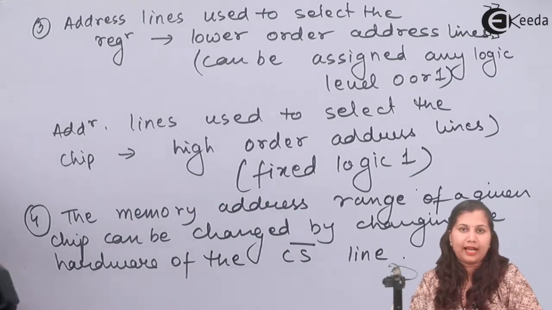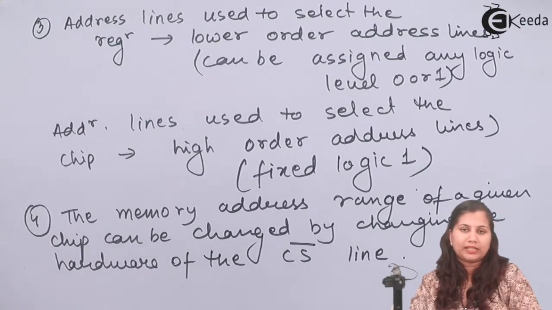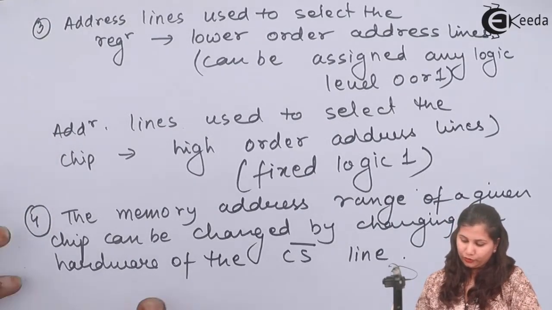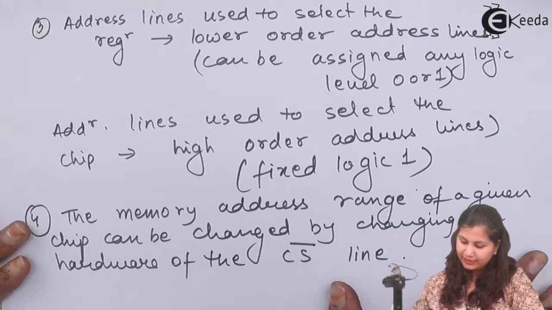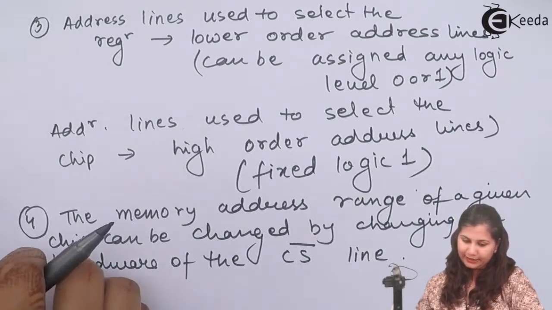Like the last example which we took, where we have kept this A15, the most significant address line, the highest order address line, at logic 1. We have fixed the logic for that A15 line. So we can change the address range by changing the hardware of the chip select line.